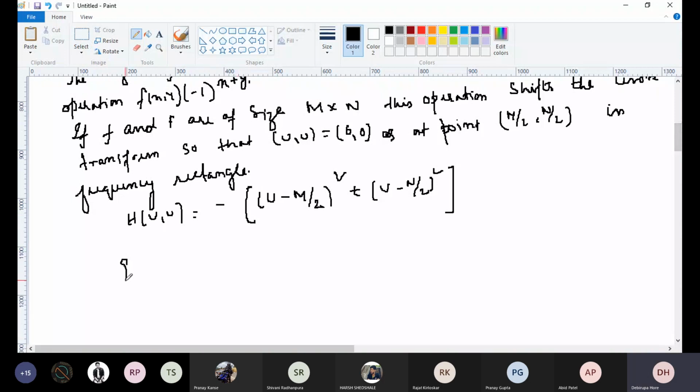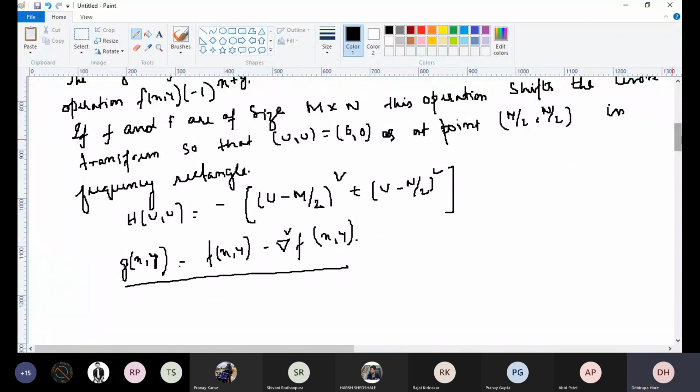Therefore, g of x, y will be given by f of x, y minus del square f of x, y. Okay, same as that in the spatial domain.